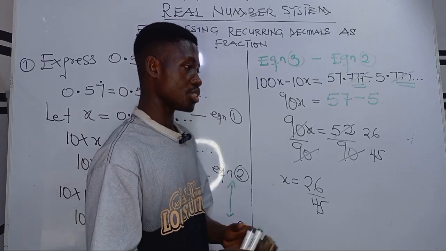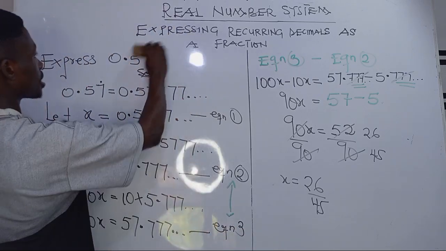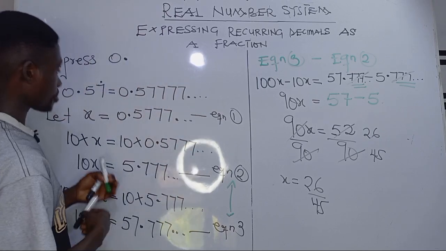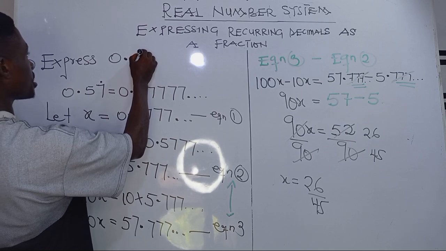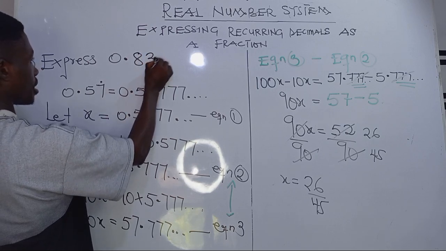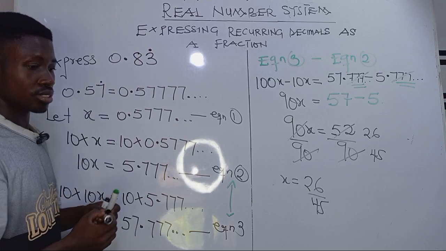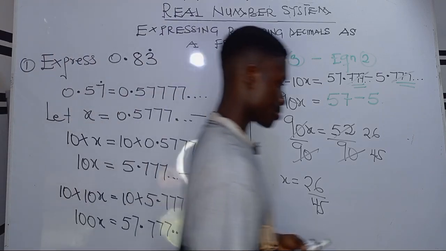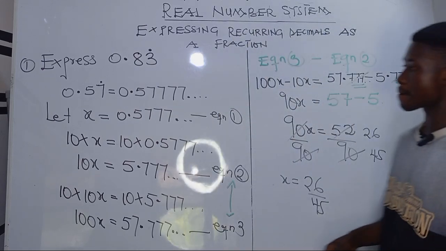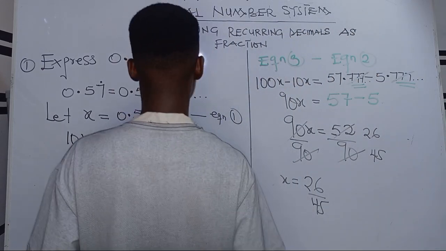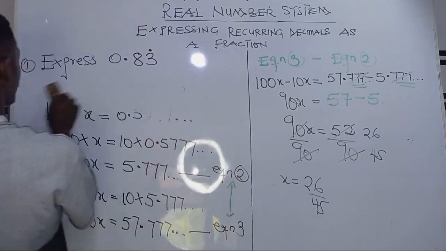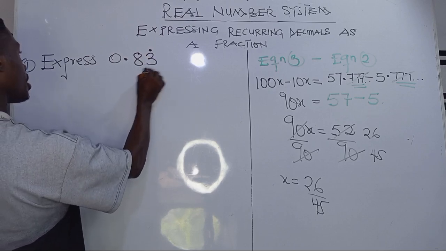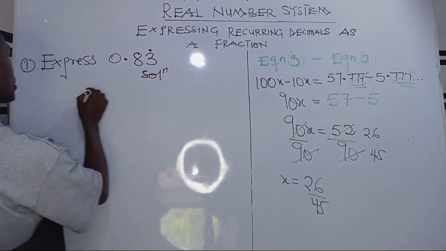I'm going to give you one example. You pause the video, you try your hands on it. So try this: 0.83 recurring. Express this as a common fraction. So we have 0.83 recurring.